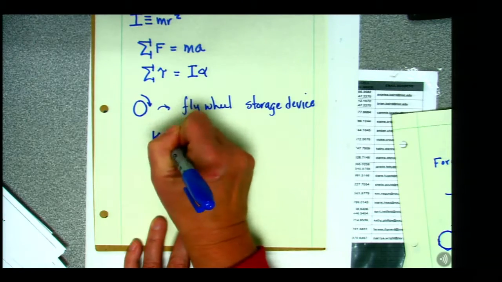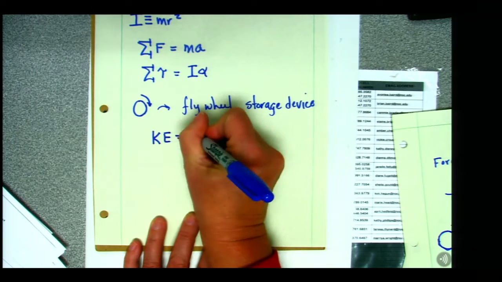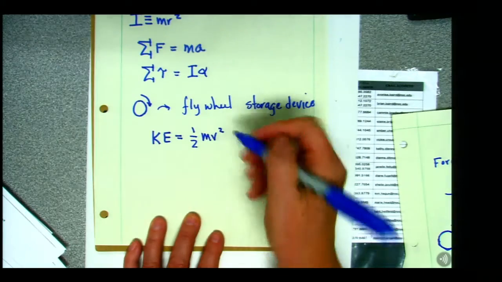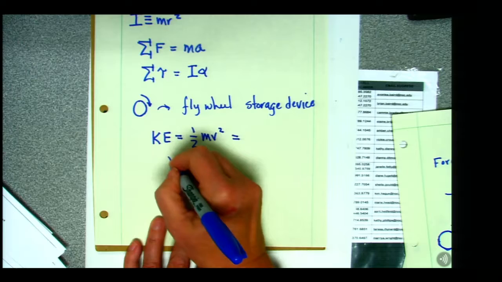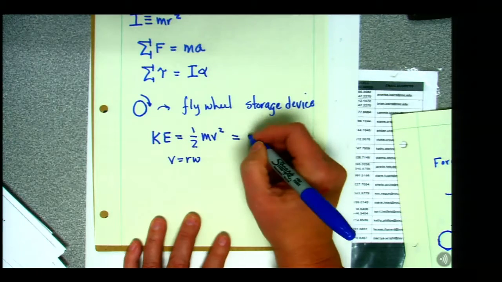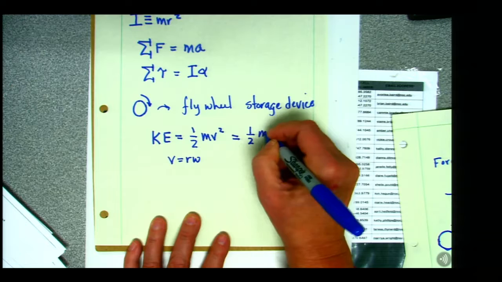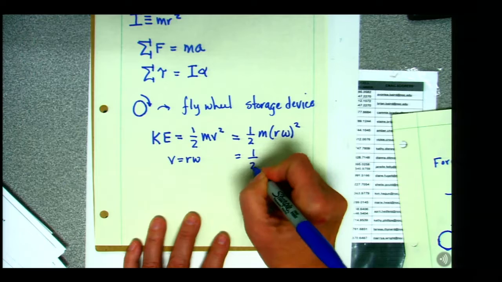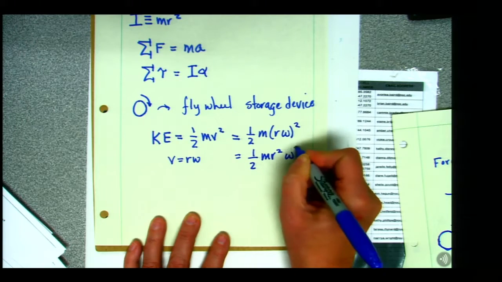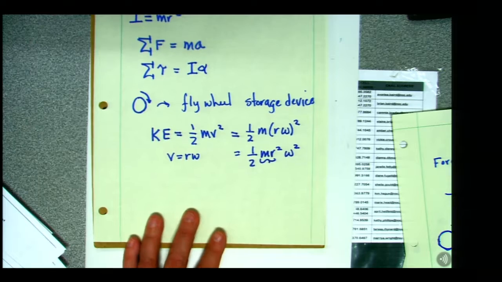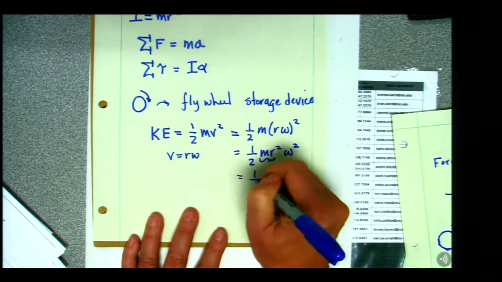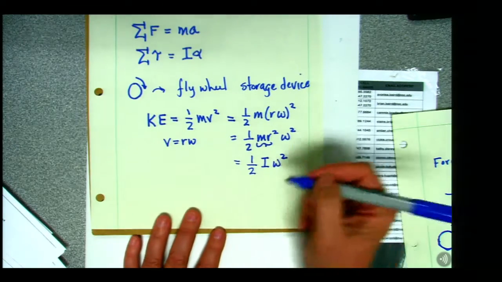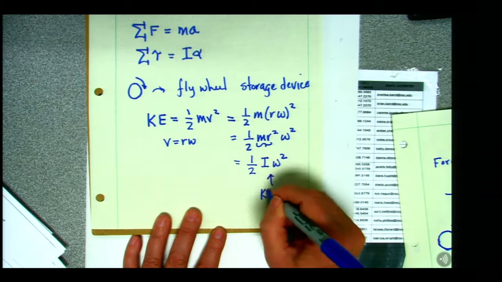In my linear motion, kinetic energy is 1/2 mv squared, and we know that v is equal to R omega. So in terms of rotation, I get 1/2 mr squared omega squared, but we just defined mr squared as something else. Now this is 1/2 I omega squared, and this is kinetic energy of rotation.